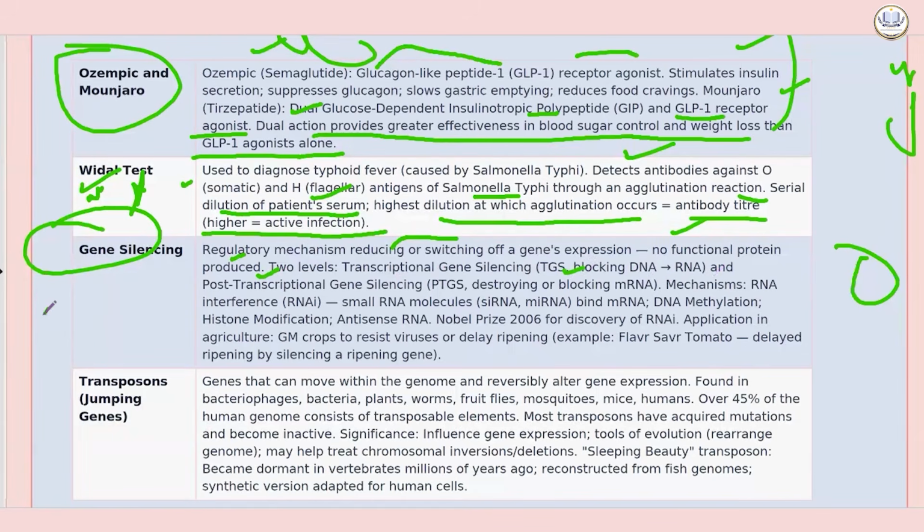Mechanism is RNA interference, RNAi: small RNA molecules, siRNA and miRNA, bind mRNA. Then we have DNA methylation and histone modification, antisense RNA. Nobel Prize 2006 for the discovery of RNAi. Application in agriculture: GM crops to resist virus or delay ripening, like the Flavr Savr tomato, which delayed ripening by silencing a ripening gene.